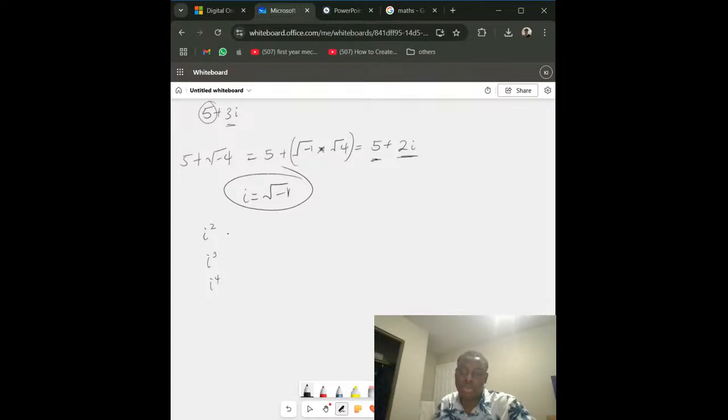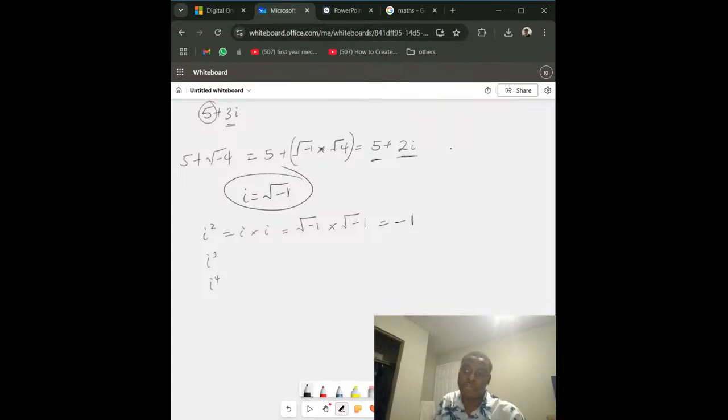Remember, i square is just i times i from your indices. So what will i times i be? i times i would be root minus 1 times root minus 1, which in this case would be equal to minus 1. Like I said, you know this from your surds, right?